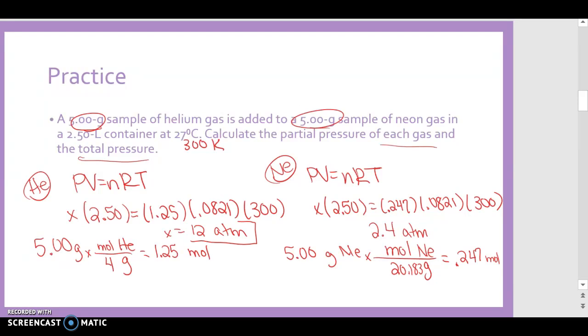So we have this answer for helium, this for neon. So now our total is just going to be our 12 plus 2.4.